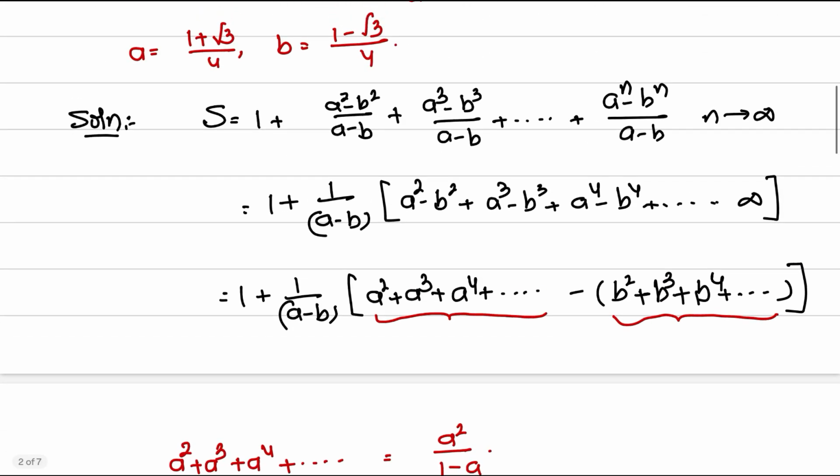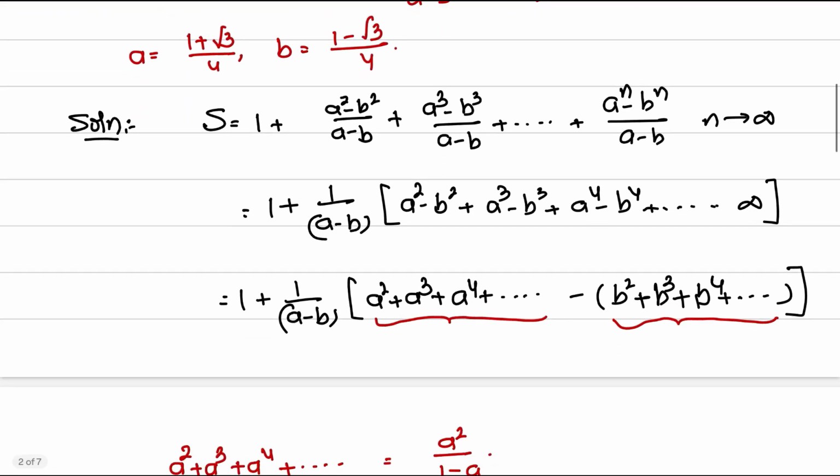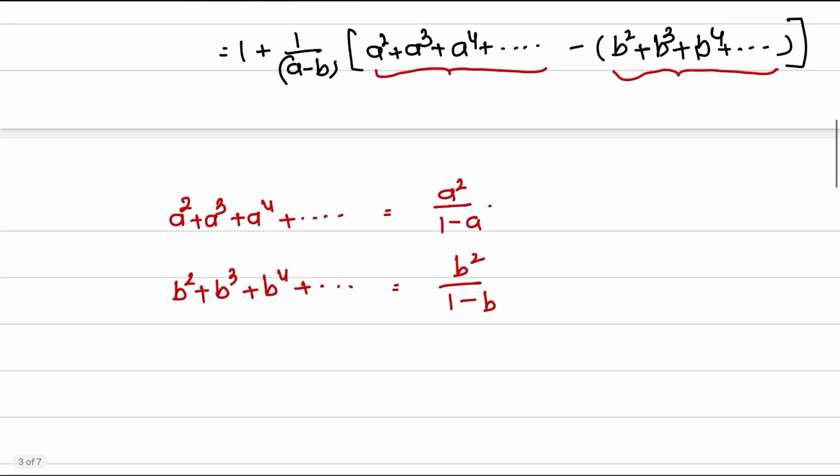Here a and b values are given. What is a? a is equal to (1 plus root 3) by 4. b is equal to (1 minus root 3) by 4.